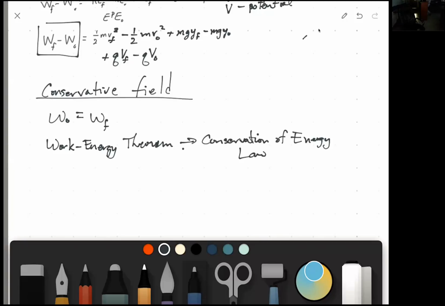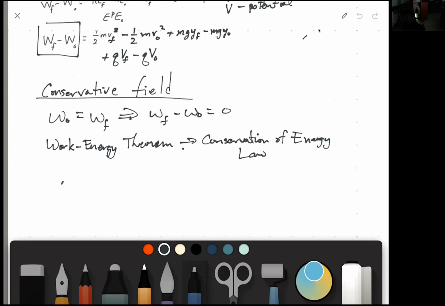Well, if it's equivalent, it just basically states this. It implies that work final minus work initial equals 0. If work initial is 2 and work final is equal to work initial, that means both of them are 2. So 2 minus 2 is 0.